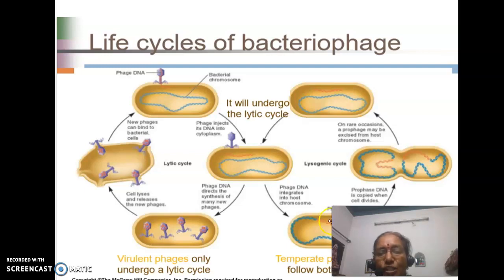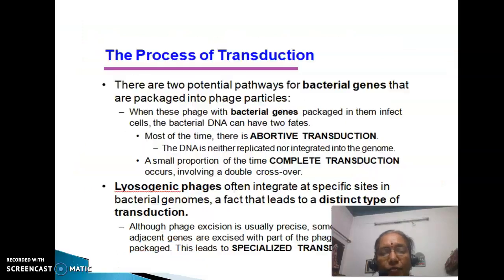The prophage is the name often used for this stage of the viral DNA. Whenever there are favorable conditions, a prophage can come out of the host chromosome, or get excised, and again enter into the lytic mode. I think this has given us a clear idea about the two different life cycles of the bacteriophages.